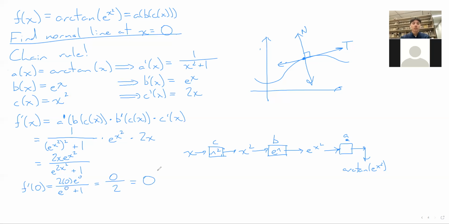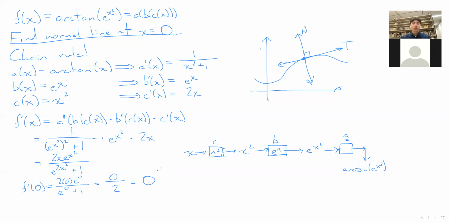So is your slope just 0? Well, the slope of the tangent line is 0. Which then means you have a horizontal straight line, so there's going to be no perpendicular to it. Right, the tangent line is horizontal, which means the normal line would be vertical.